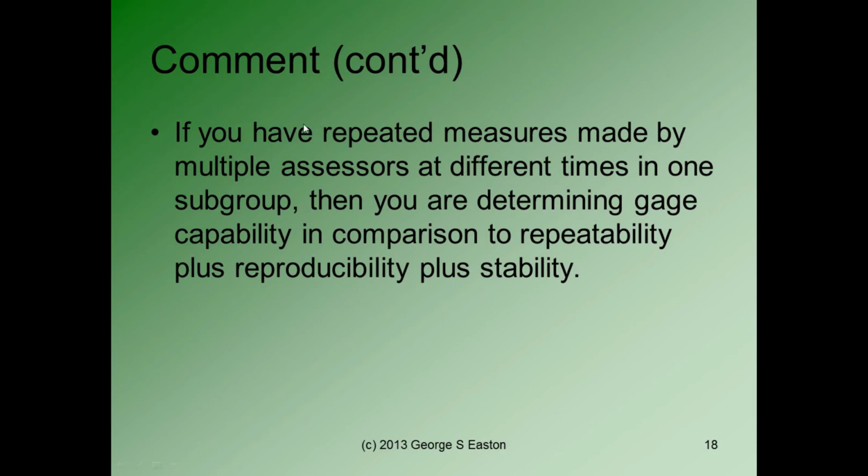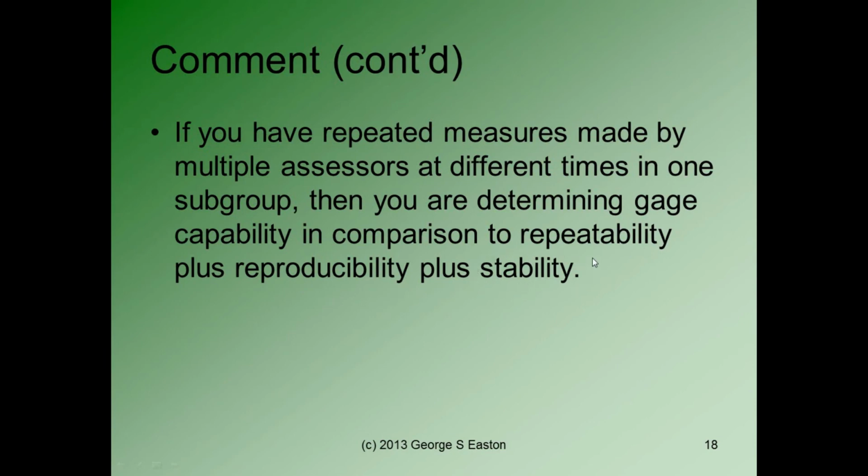If I expand this to have not only repeated measures made on one part by one person using one gauge, but I include, as before, different people, so multiple assessors, but then I also do it at different times. And here I'm thinking about time not in terms of minutes or seconds, but different days of the week or different months, so it's longer time. So if I have all three of these things in my subgroup, then my subgroup contains variation due to repeatability and reproducibility and stability.